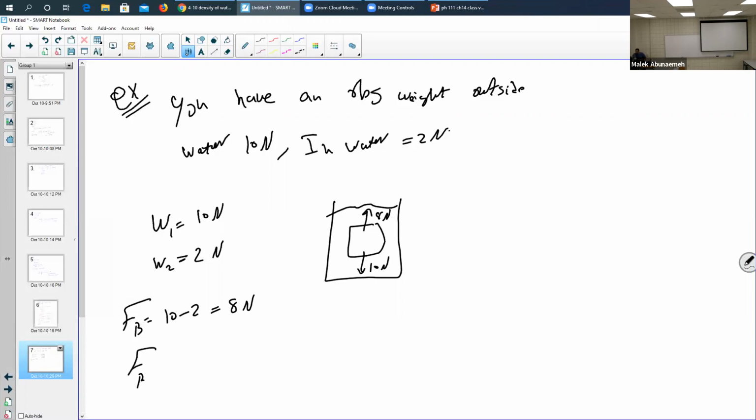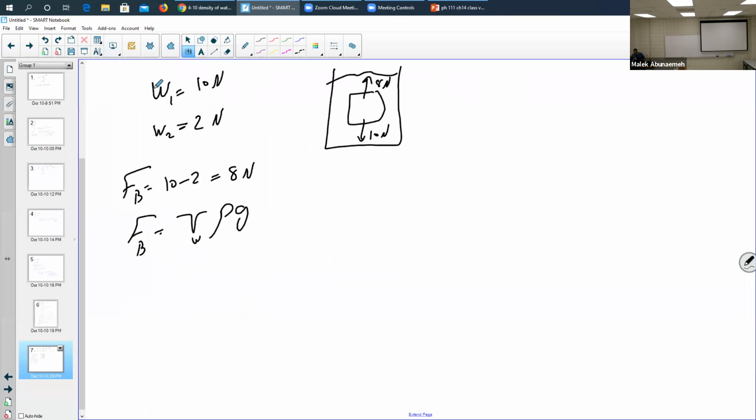Now the buoyant force is again your volume in the water multiplied by rho multiplied by gravity. Oh, by the way, I forgot to say, find the water volume. So your volume in the water is going to equal your buoyant force divided by your rho multiplied by g.